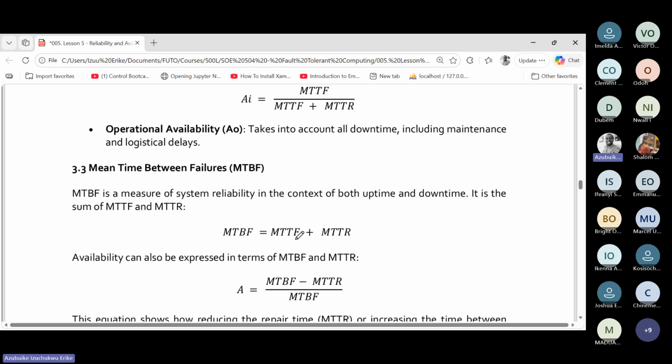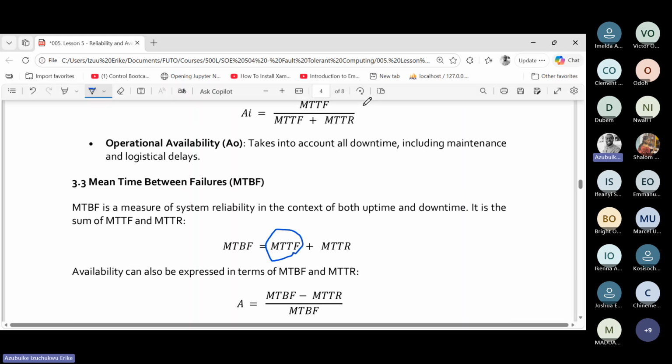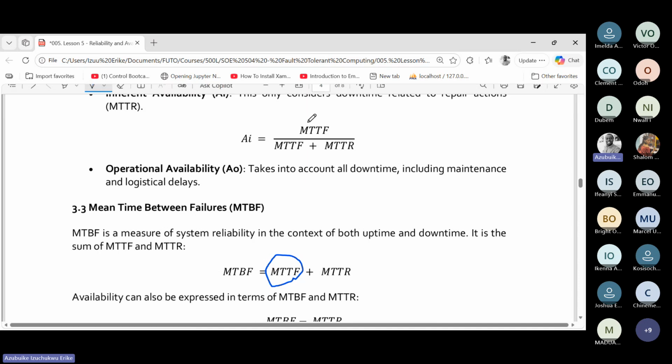Now, what it means is that from our initial equation, we are already going to do away with the mean time to failure. We can still compute availability when we are not given the mean time to failure. Are we together? This is the main formula for availability, with MTTF.